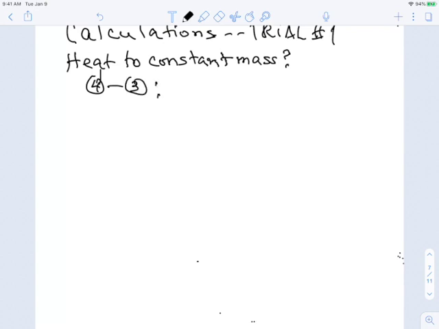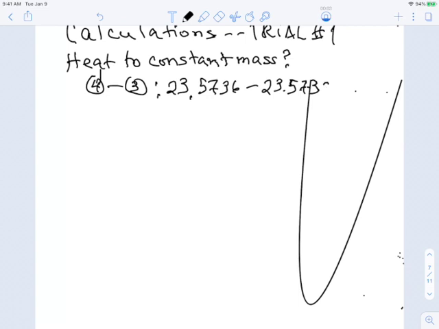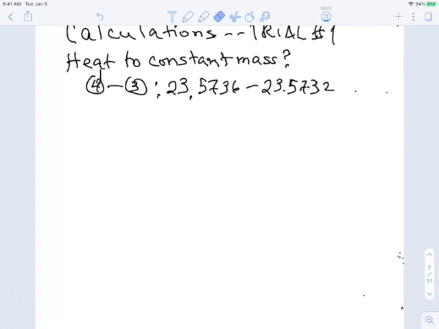Those numbers were 23.5736 minus 23.573, and this should be equal to 0.0004 grams, which is the same as 0.4 milligrams.